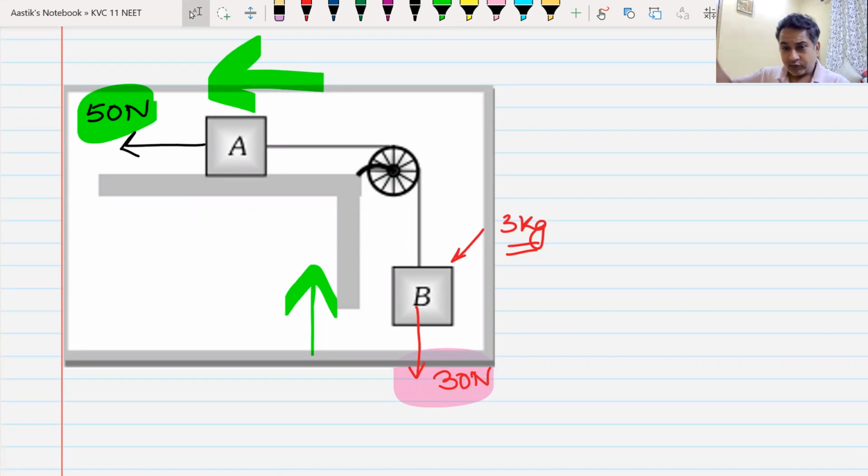Upwards. When I apply 50 newtons, this block A will move left. When block A moves left, block B has to move up. Yes or no? Yes, sir. So the only way the system can move is upwards in this case.